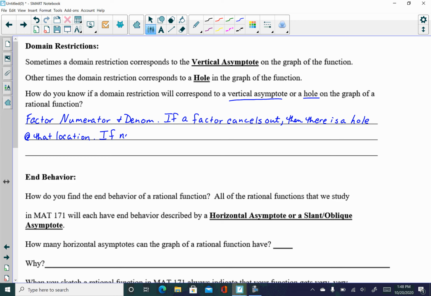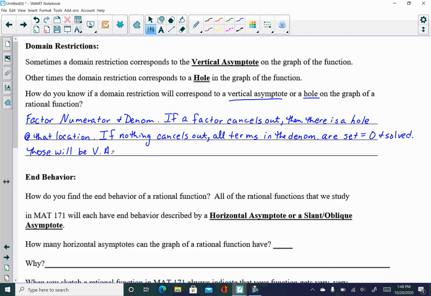If nothing cancels out, all terms in the denominator are set equal to 0 and solved. Those will be vertical asymptotes.